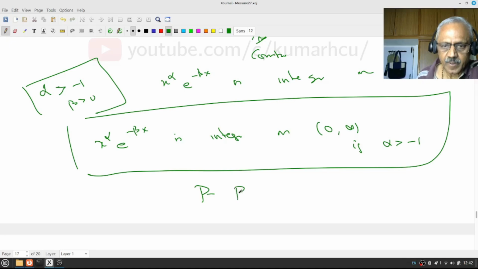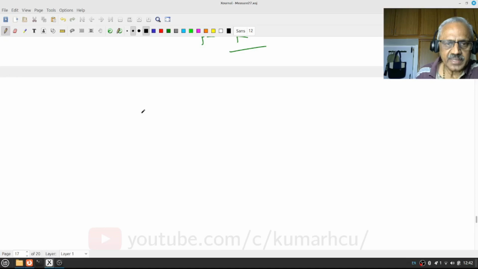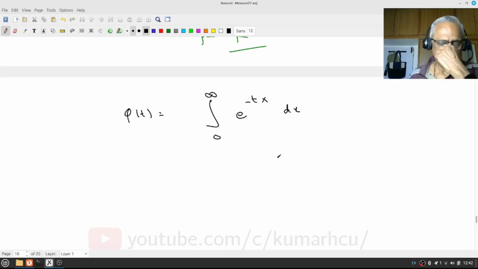Pause, review, proceed. Now the end of the tunnel is clear. Because what did we have? We looked at phi of t to be the integral from 0 to infinity of e^(-tx) dx.